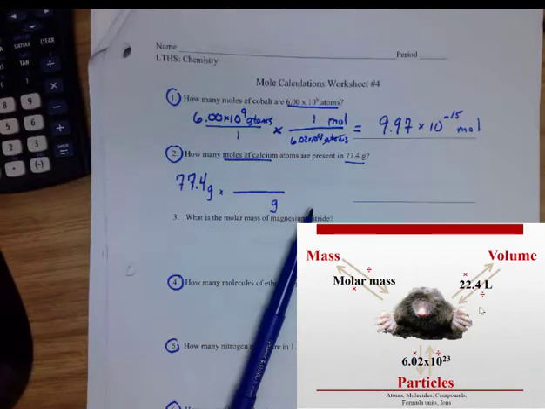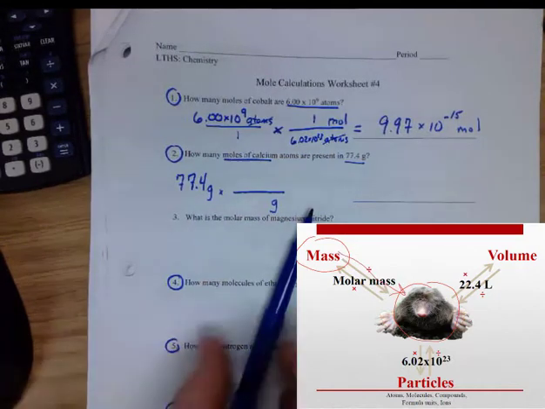Or if I was in particles, I could move towards moles by dividing by 6.02 times 10 to the 23rd. So this Mole-Pellar can help us out quite a bit. The problem that I've got right now is I'm starting in grams, that's mass, and I want to be in moles, that's here. So I want to follow this pathway. This pathway tells me I need to divide by molar mass.